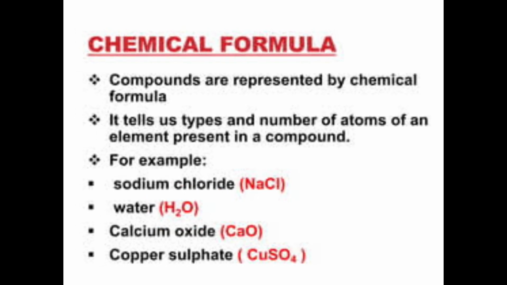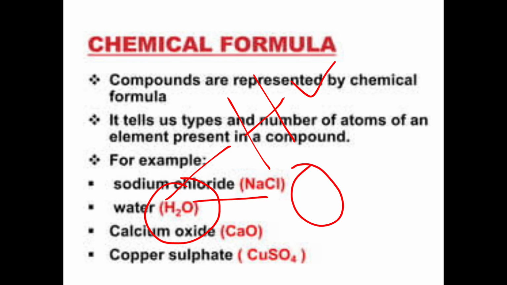Here you see in the case of water we are having two elements here, and the H is indicating hydrogen, the O is indicating oxygen. That is, this is the symbol of hydrogen, this is the symbol of oxygen, and along with it we are having a number here, 2, which is indicating here two hydrogen atoms are present. So that is the basic difference between symbol and formula.